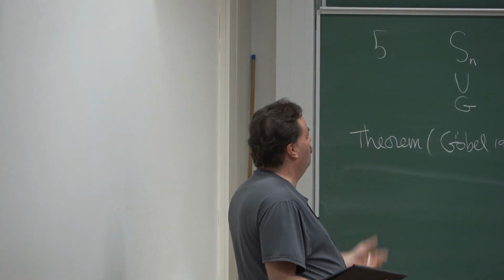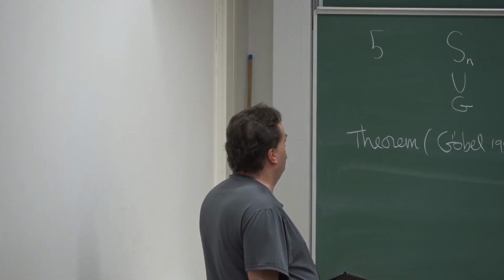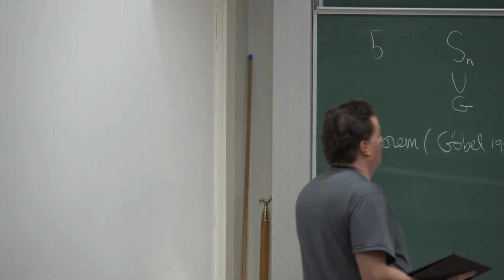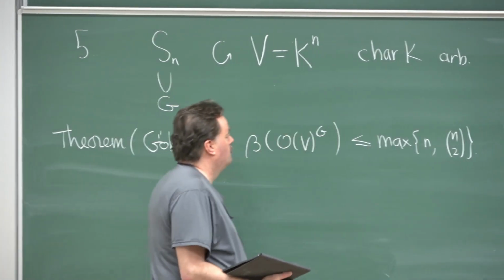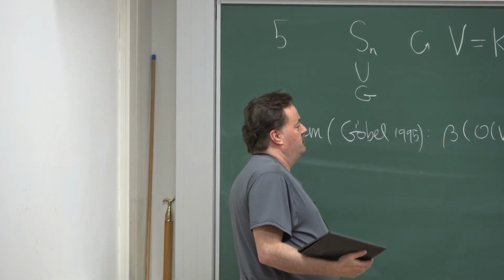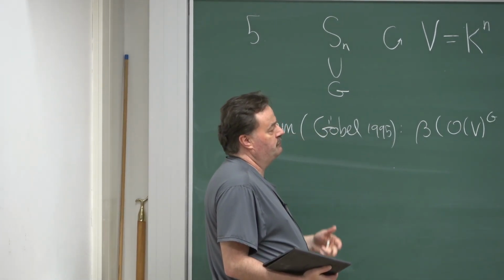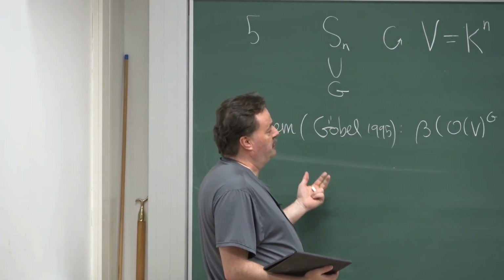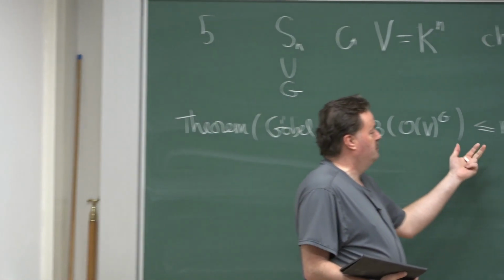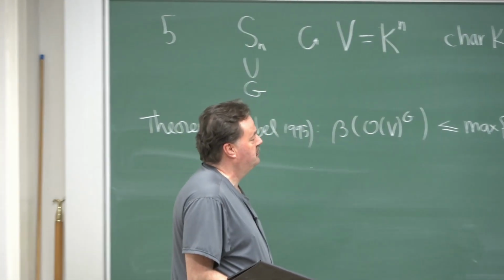But this bound even holds if we are in arbitrary characteristic. And basically, Göbel gave an algorithm to find these invariants, or even an algorithm to express these invariants in terms of generating invariants.